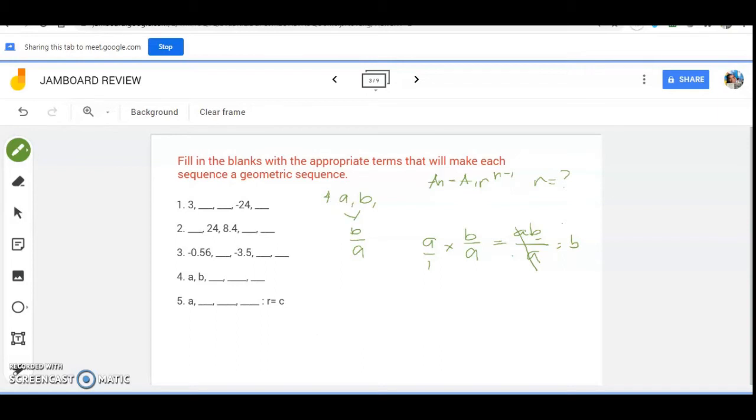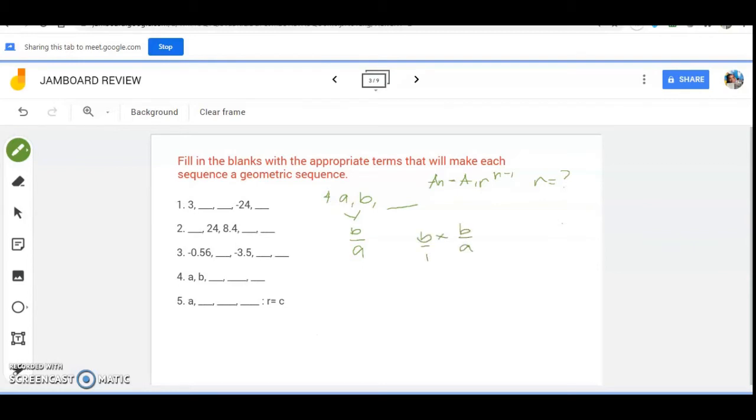Now, since we have the common ratio of b over a, multiply lang natin yun sa ating second term para makuha natin yung ating next term or yung ating third term. Okay, so if we are multiplying b over a now to b, what is the answer? Let's try to calculate. So we have b times b over a.